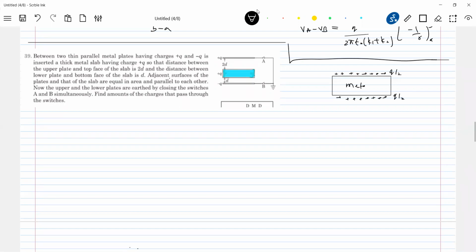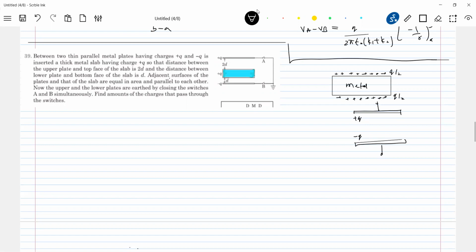I think you better start the problem like this. And there are the plates. Initially, what was the charge between them? Plus Q charge and minus Q charge. Initially, it is not being earthed. So when you bring that, any electrostatic induction occurs.